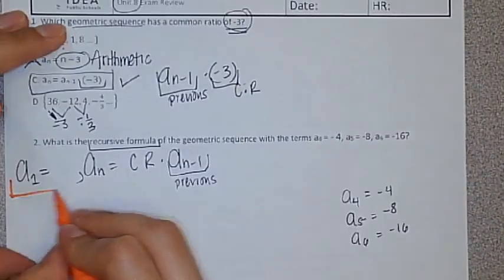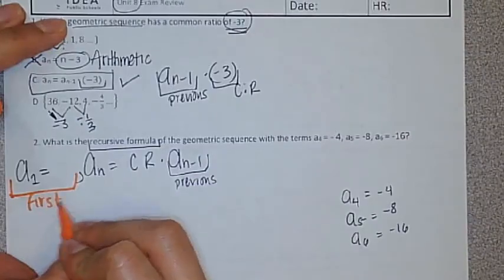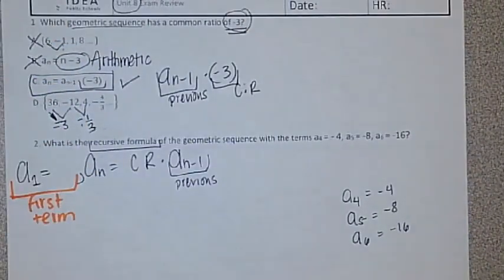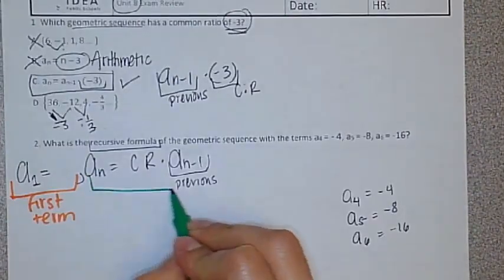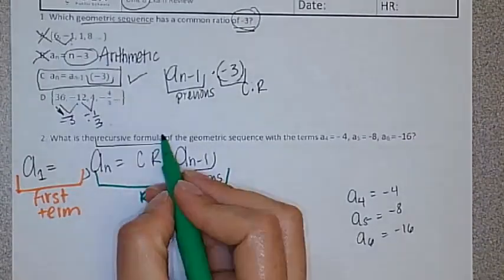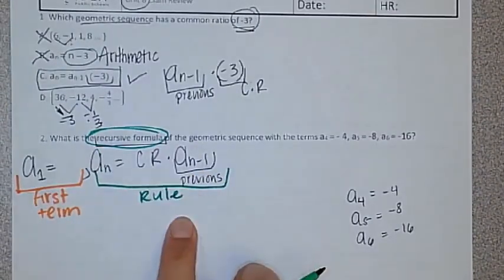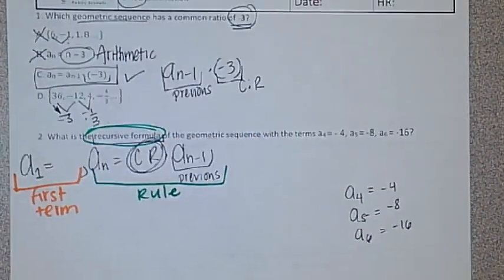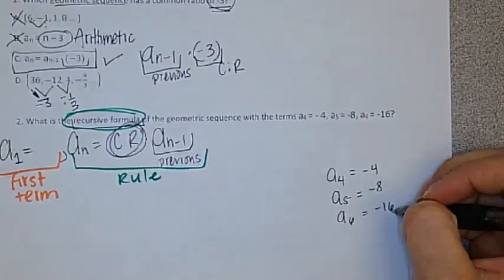So I need the first term, and then I need the rule. Okay, so this is a recursive formula, the first term and then the rule. And I also need to find that common ratio. What is it? So from here I can find the common ratio first.